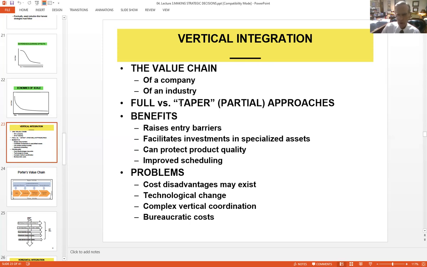Usually the best move is to take advantage of market conditions when suppliers aren't doing too well, and they'll sell their product at a low price. So tapered vertical integration refers to partial integration, where we acquire businesses or resources to supply our own needs, but not 100%, because we want to take advantage of the ability of some of our suppliers to supply our needs at a low price.